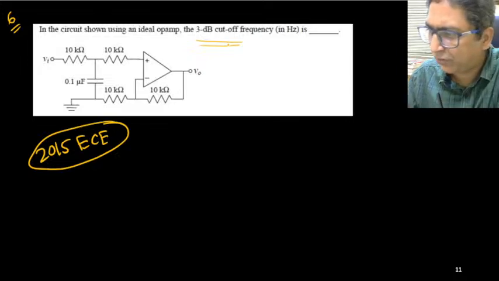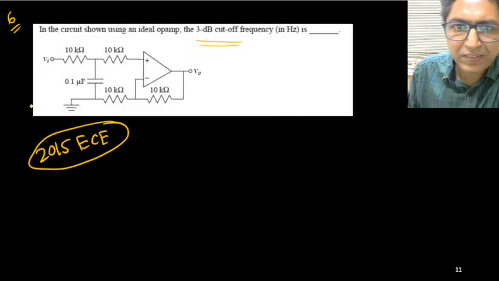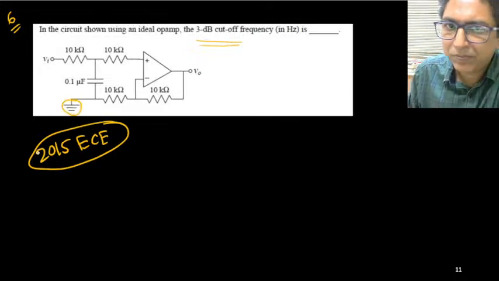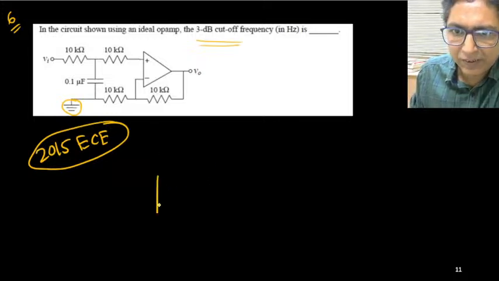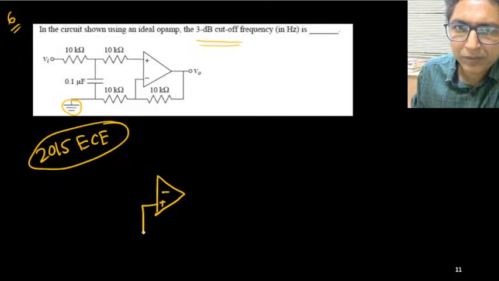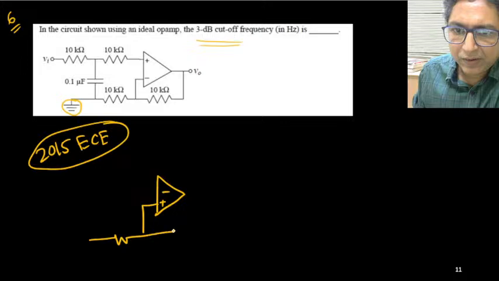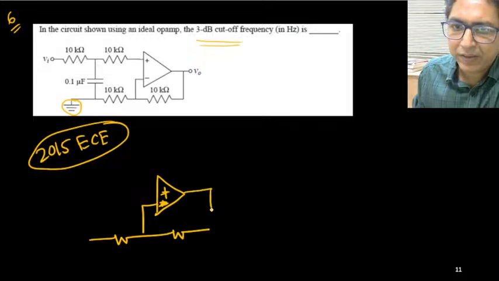So don't be confused. This end is grounded. So we can redraw the circuit a little bit in this way. So this is negative, sorry, and this is positive. There's a negative feedback here. This is grounded.